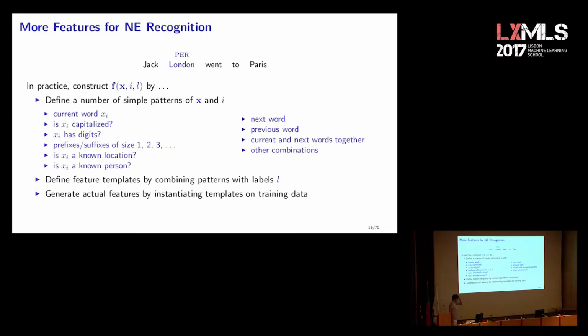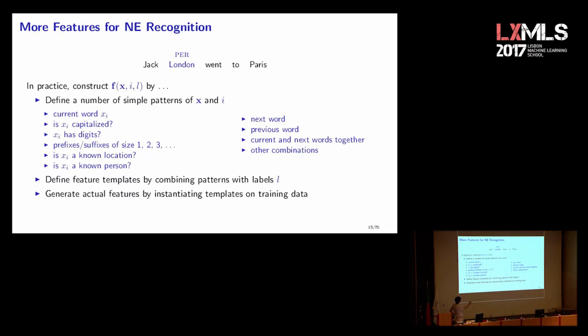If you look at any named entity system, well, now neural models, as you might know, are very popular. Neural models do this feature extraction automatically. But if you look at non-neural models for named entity extraction, you'll see that the methods that obtain the best results in current evaluations use this kind of features. So what they do is we take the input and a certain position, and we think of certain patterns.